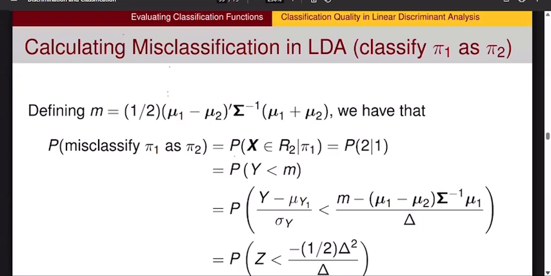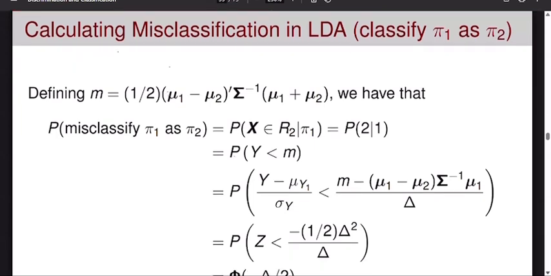I'm going to say that again. Normality facilitates standardization. It means I will be able to use the z-score, because LDA operates under the assumption of normality.